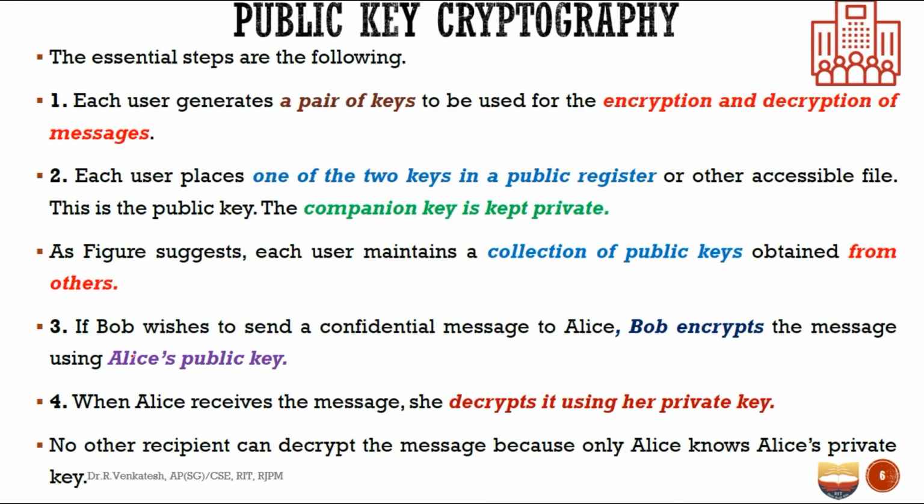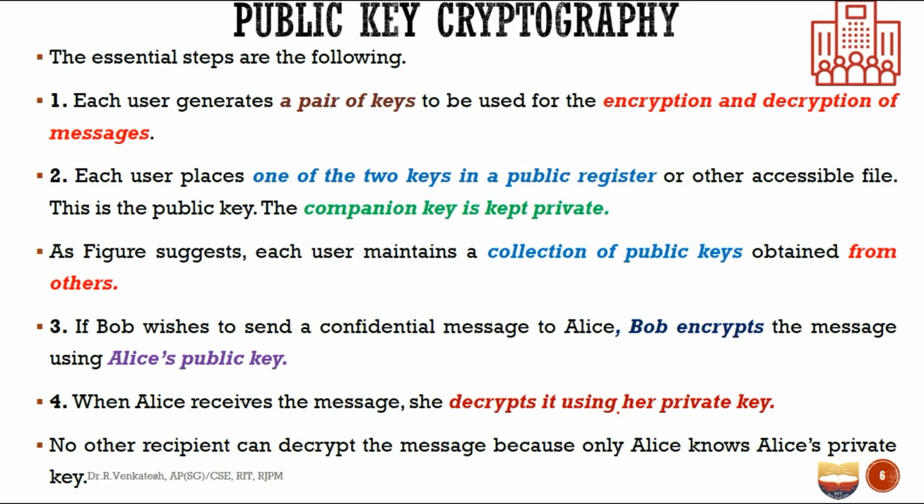The third step: if Bob wishes to send a confidential message to Alice, Bob encrypts the message by using Alice's public key. Now you are all clear. The fourth step is when Alice receives the message, she decrypts it using her own private key.